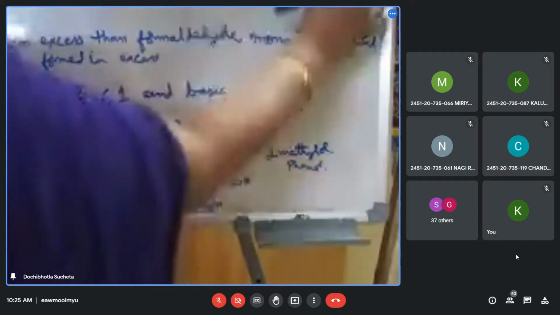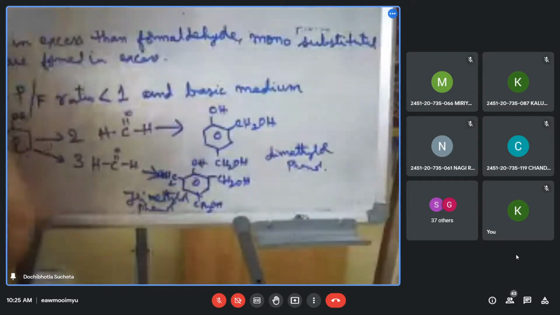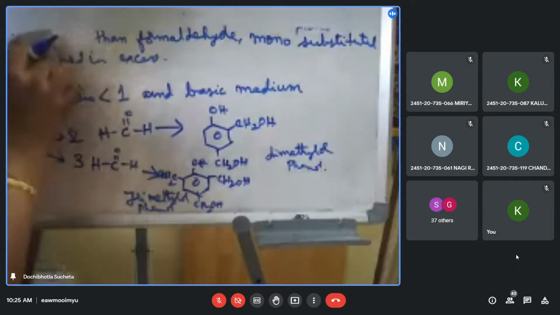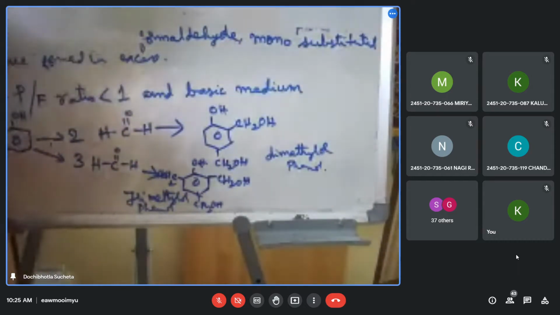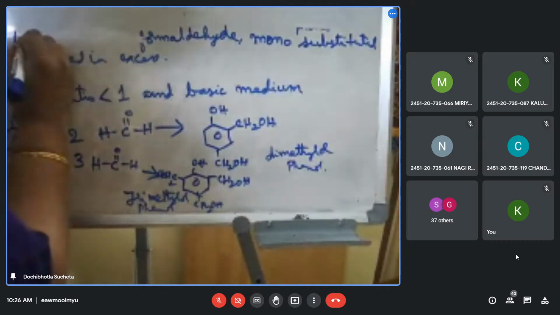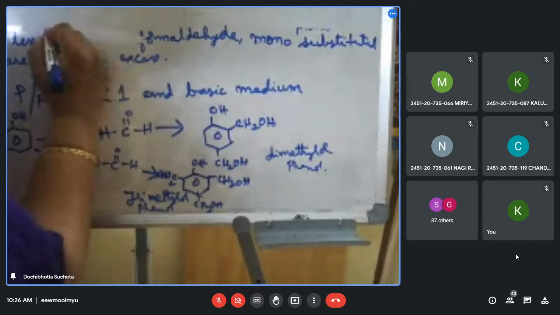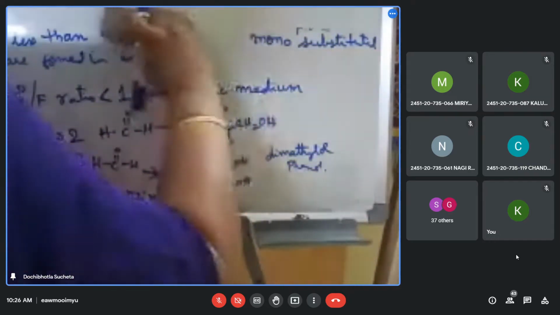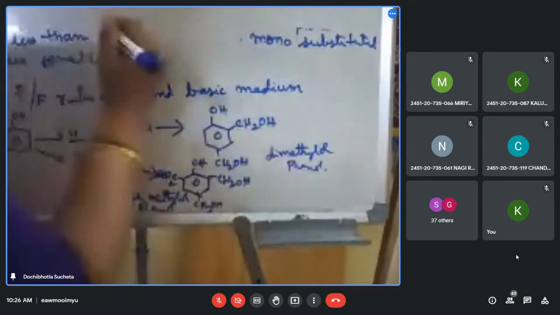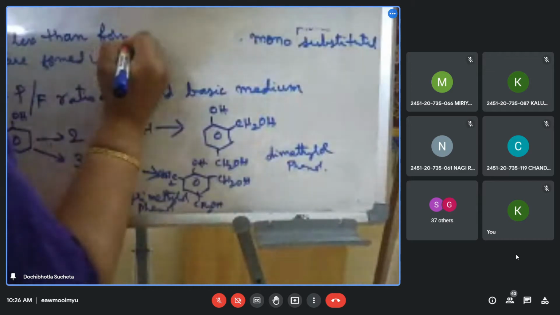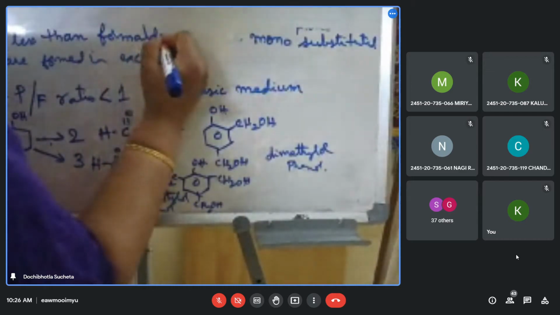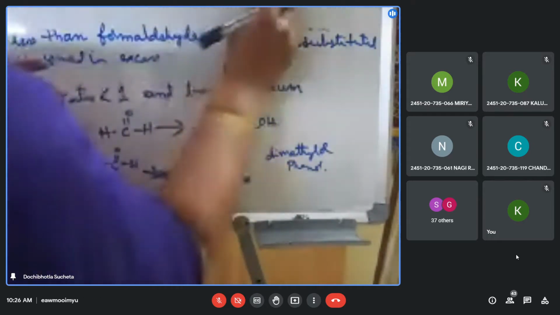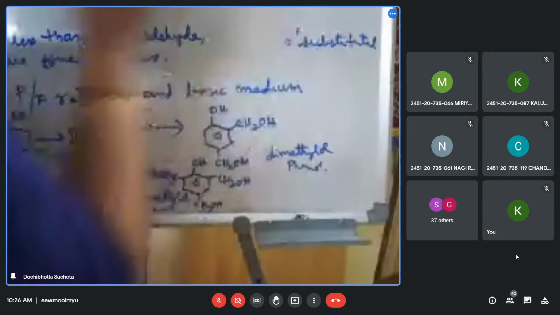For case 2, since phenol is less than formaldehyde, di and tri-substituted methylolphenols are formed.